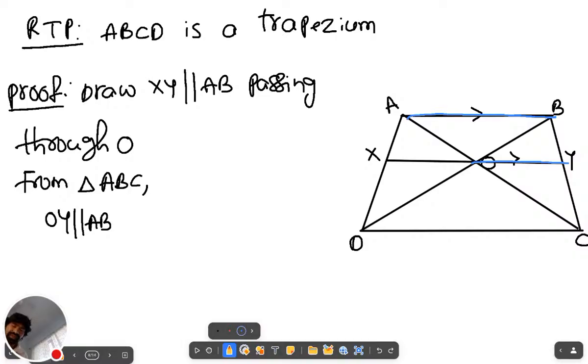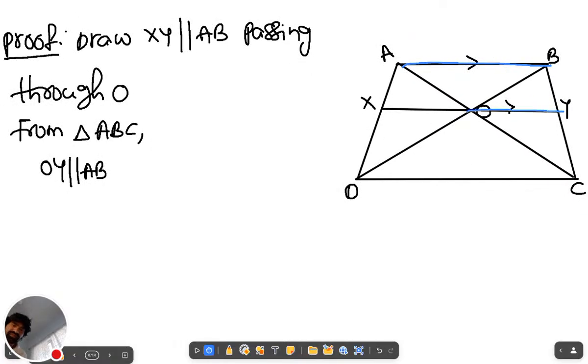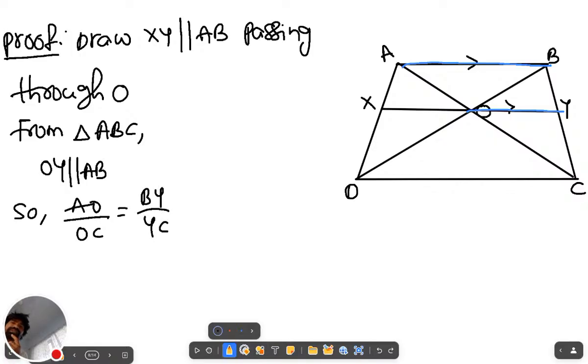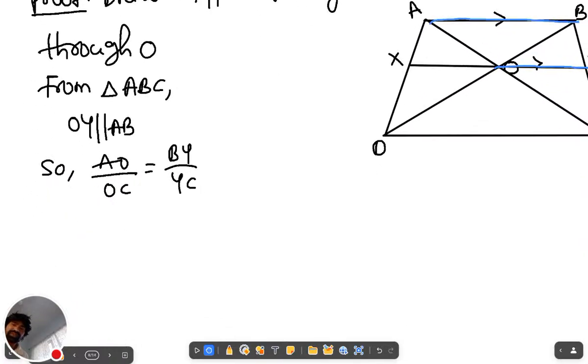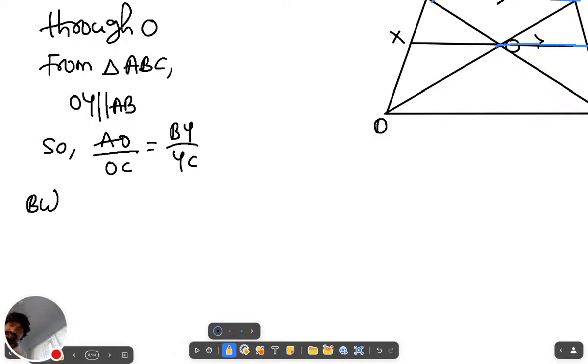So what do we get from the basic proportional theorem? AO by OC, because OY is parallel to AB, OY divides the AC side and BC side in the same ratio. So AO by OC is equal to BY by YC. But it is given that AO by OC is equal to BO by OD.